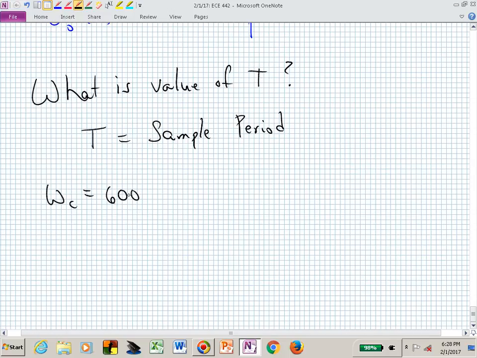We know right now that omega sub c is 600. That's our bandwidth. How did we relate that to the sample frequency? Do you remember our rule of thumb?